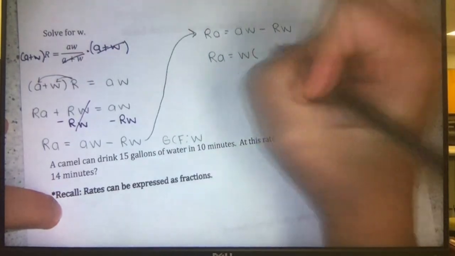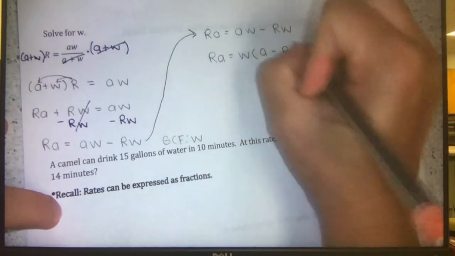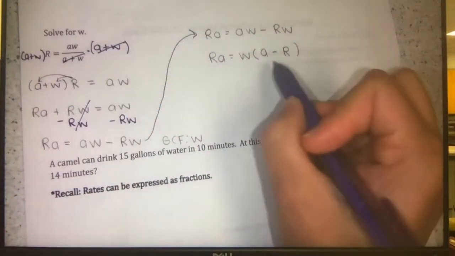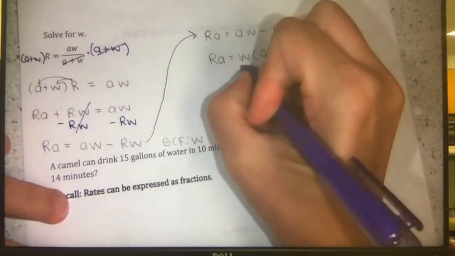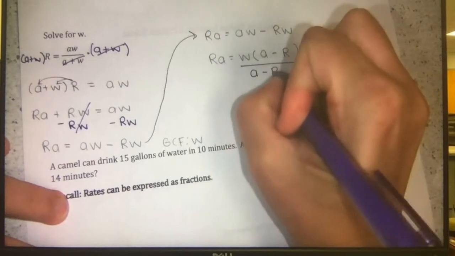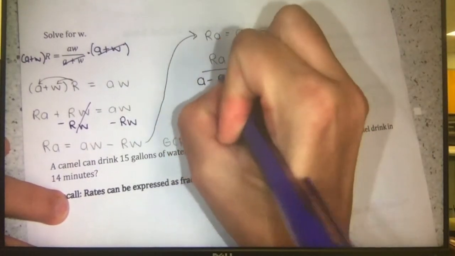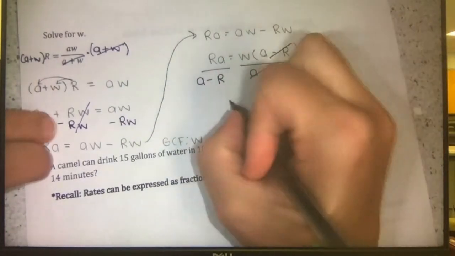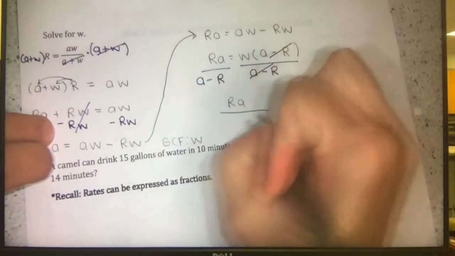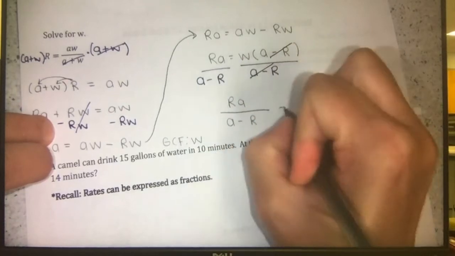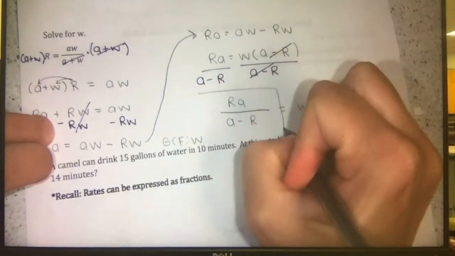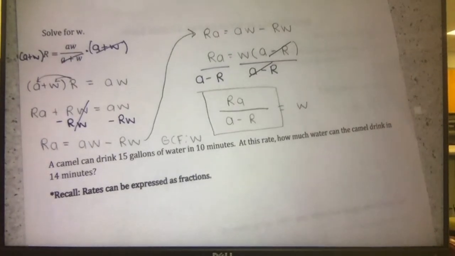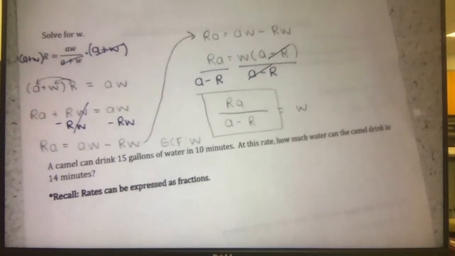Factoring out that W, we're left with A minus R. Now to get W by itself, the A minus R is being multiplied by W, so I can divide both sides by A minus R to cancel those out. We are left with RA all over A minus R equals W. We got W by itself, so that is our final answer. W equals RA all over A minus R.